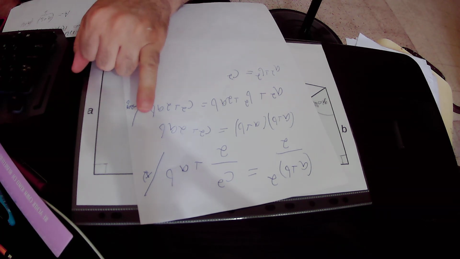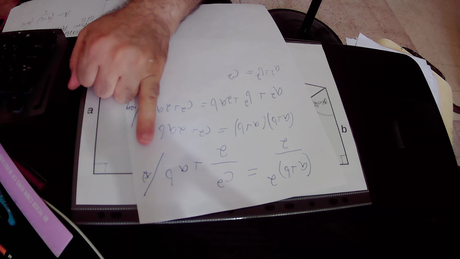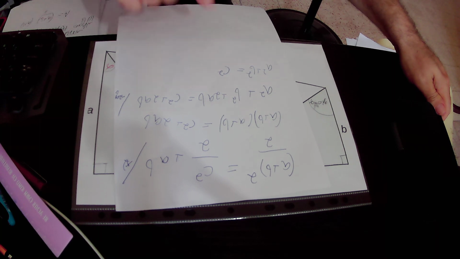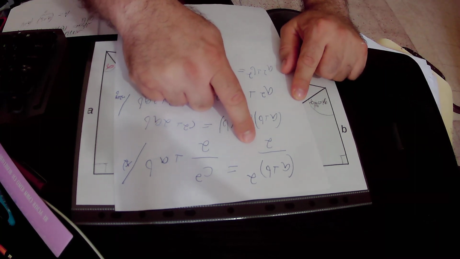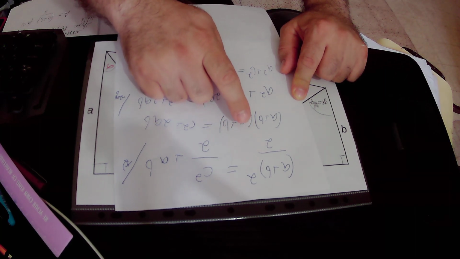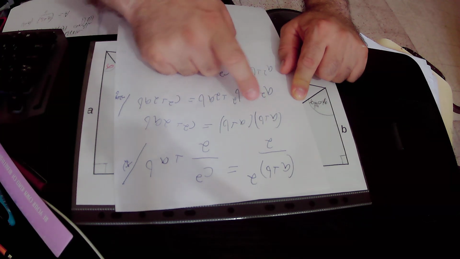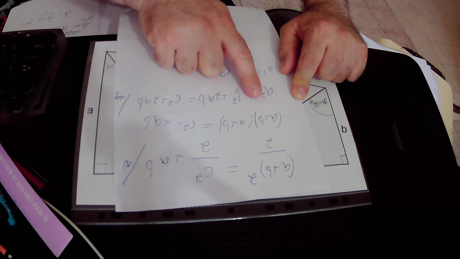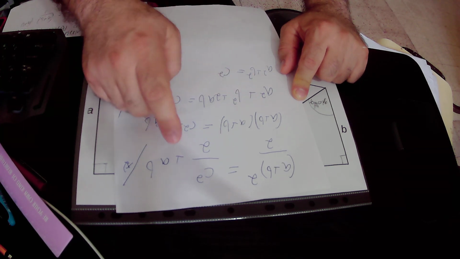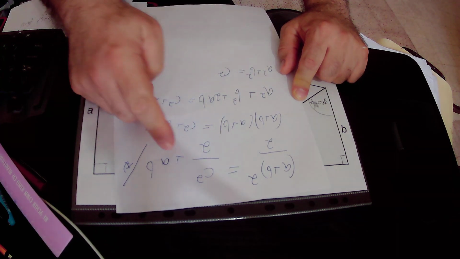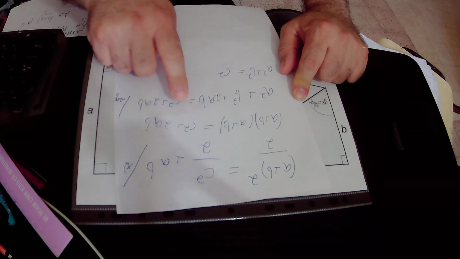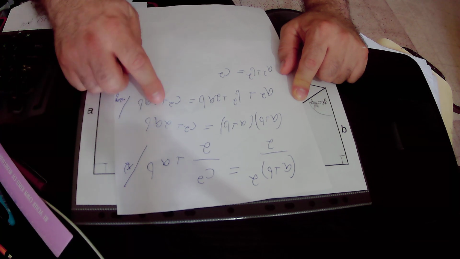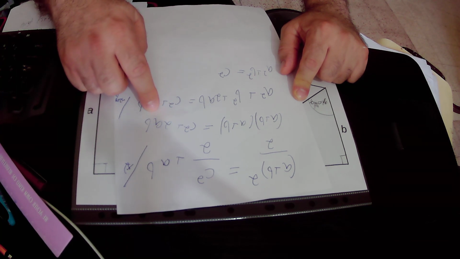Now we will multiply the equation by 2. So a plus b squared divided by 2 times 2 is equal to a plus b squared, and a plus b squared is equal to a plus b times a plus b. c squared divided by 2 times 2 is equal to c squared, and ab times 2 is equal to 2ab.